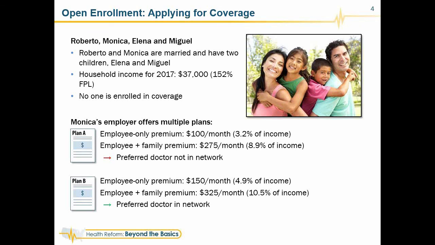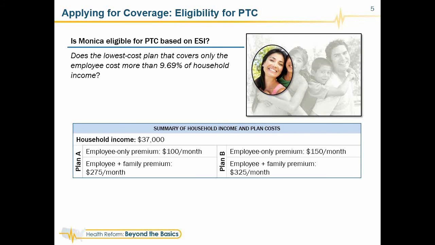So with this information in mind, you start to walk them through some questions to figure out if they would be eligible for premium tax credits based on the employer-sponsored insurance being unaffordable. So you ask, does the lowest cost plan that covers only Monica cost more than 9.69% of household income?